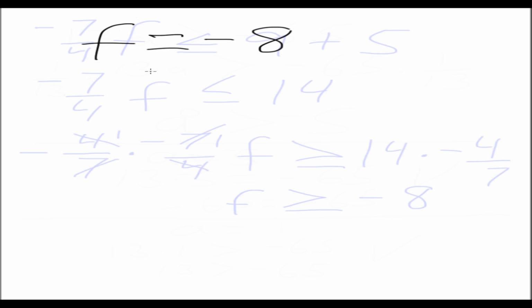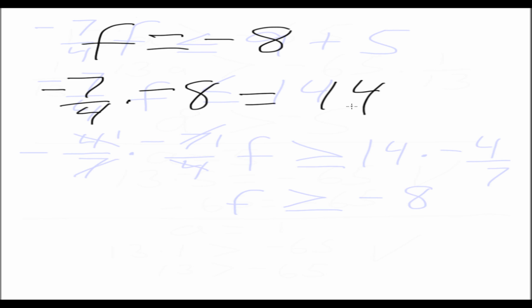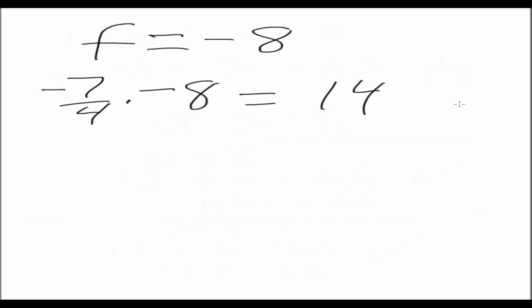So -7/4 times -8, does that equal 14? Let me get rid of that underlying layer. There we go. And we get 4 goes into -8, -2 times. -2 times -7 is 14. And so indeed I get that 14 equals 14. And my boundary point checks out.